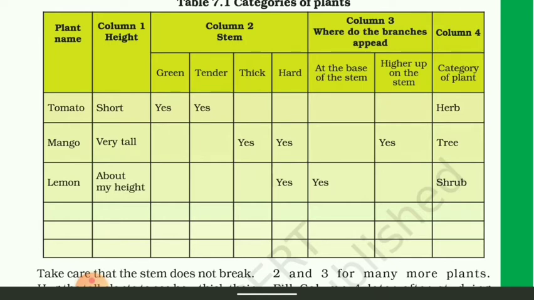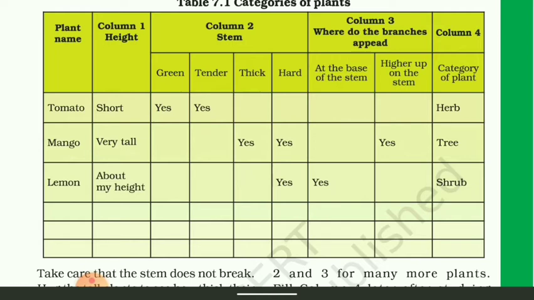This is plant name, column 1 height, column 2 stem, column 3 where do the branches appear, column 4 category of plant. Column 2: green, tender, thick, hard. Column 3: at the base of the stem, higher up on the stem.